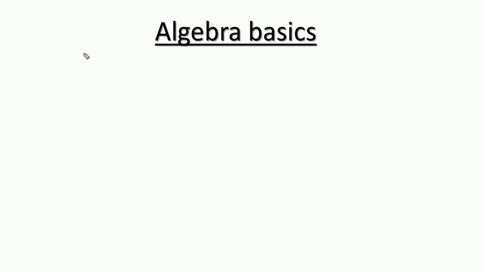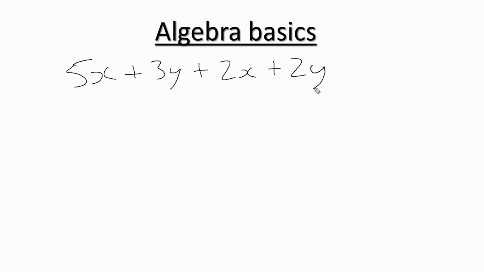Another very important thing involving algebra is the ability to collect like terms, and that's just a fancy way of saying putting things that are the same together. I'll explain this by way of a quick example. If I were to write 5x plus 3y plus 2x plus 2y, what you have to try and imagine is that x and y are different things, but they can still represent any number. So in collecting like terms, all that means is collecting together things that are the same.